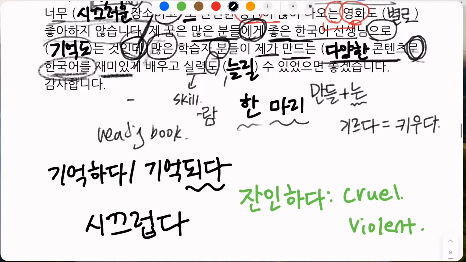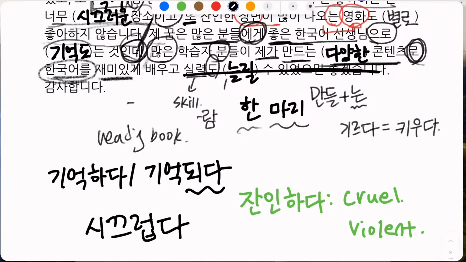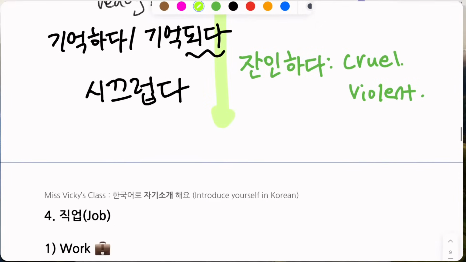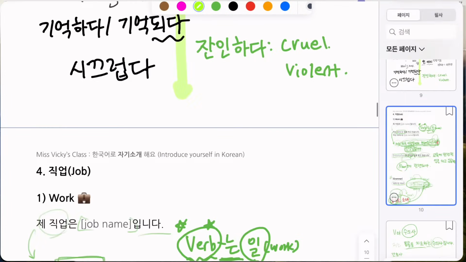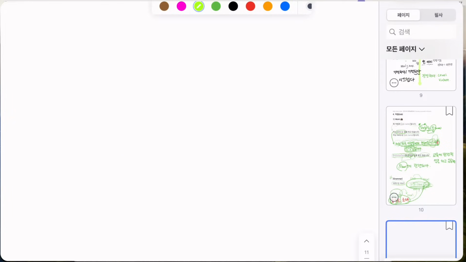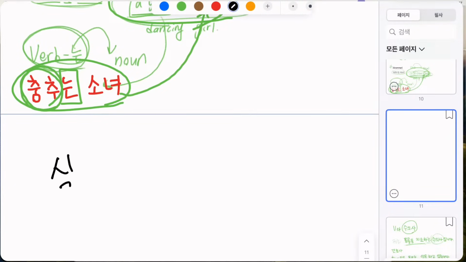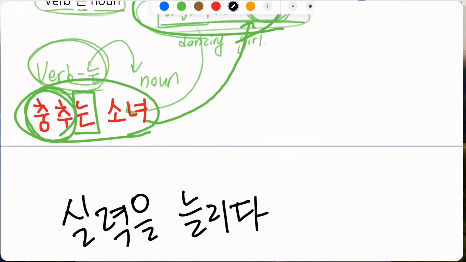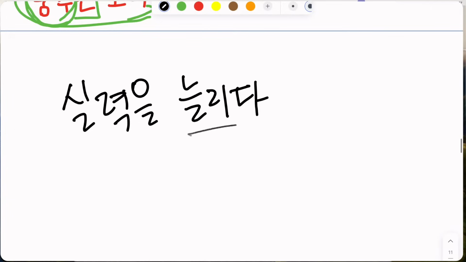So let's break down this sentence, guys. 실력도 늘릴 수 있었으면 좋겠다. Do you guys remember 있었으면 좋겠다? 실력을 늘리다 means to increase, to raise, to improve.